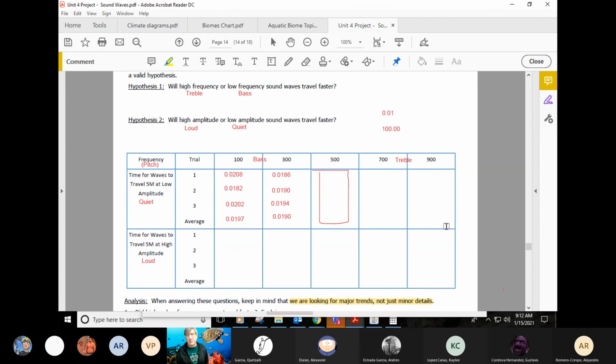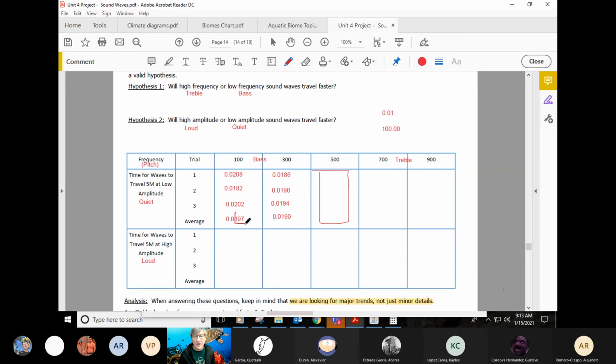And if we are seeing a major change, which one's faster, bass or treble? Well, it seems to me that we never hit a number, and again, I'm going to refer to this as 197, basically 197, even though it's 0.0197. Think of this as 197, okay?